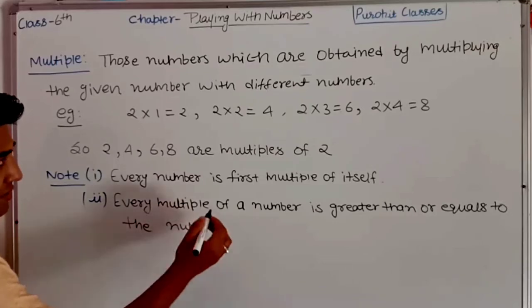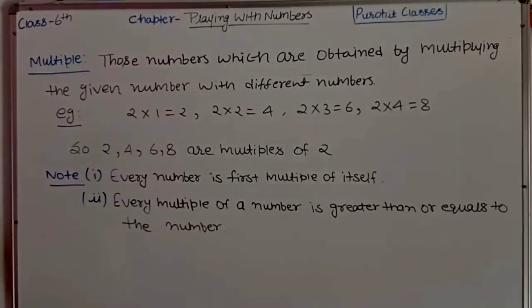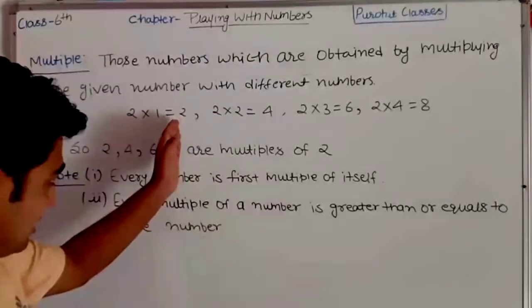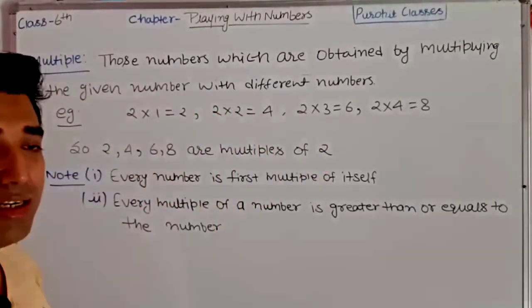We have found only the first 4 multiples of 2, and except the first multiple, the remaining were greater than 2. Getting or not?